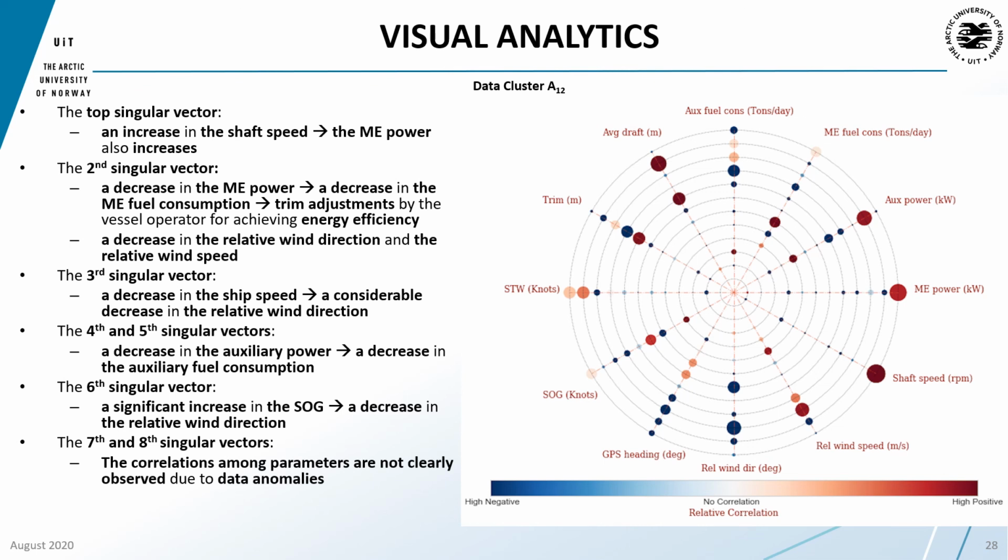For the seventh and the eighth singular vectors, the correlations among parameters are not clearly observed due to data anomalies. For the bottom singular vectors that have low singular values, there are no realistic correlations among parameters.